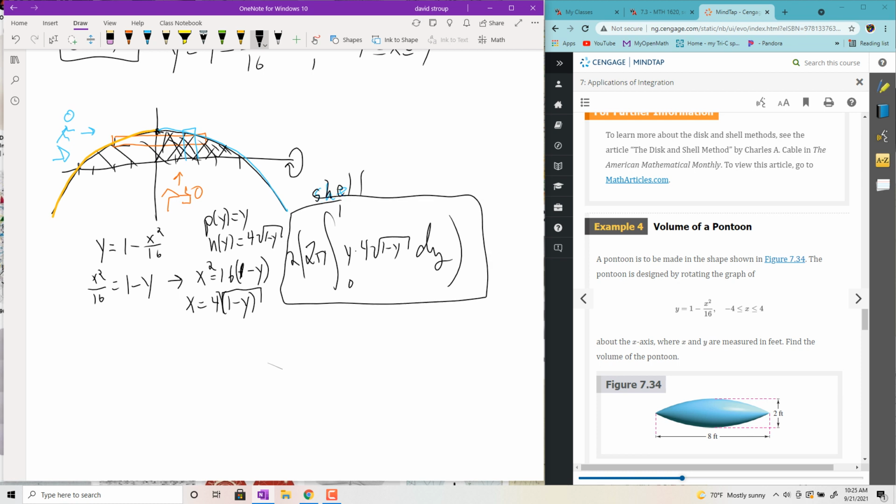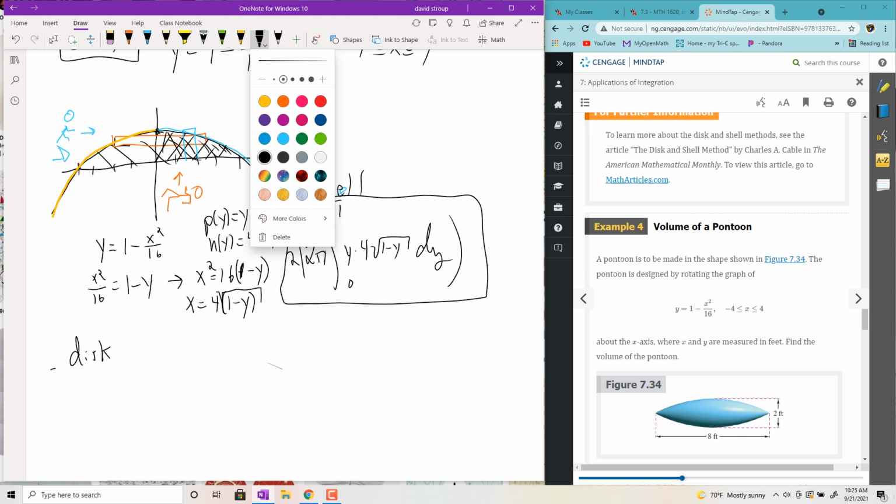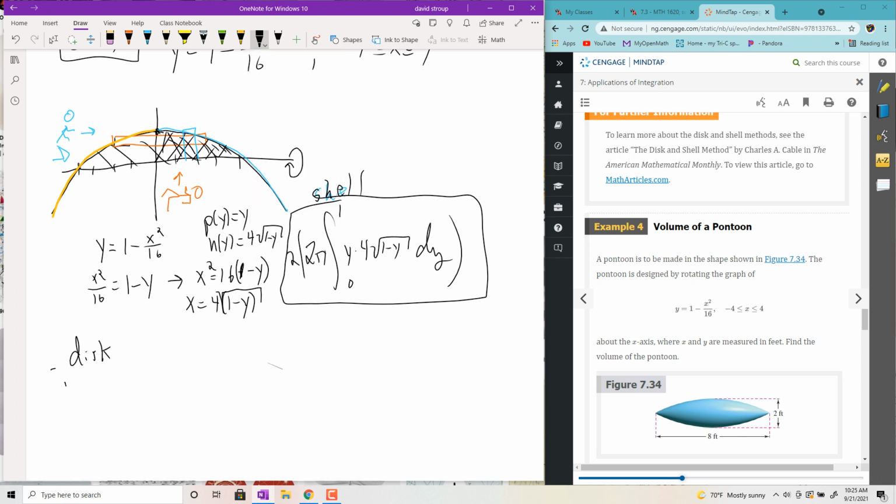So for your disk integral, let's take a look at that. Your radius function is what it is. It's just given as 1 minus x squared over 16. So you'll have the integral of pi from -4 to 4. If you want to cut it in half and multiply it by 2, that's fine as well. Then 1 minus x squared over 16, squared, dx.